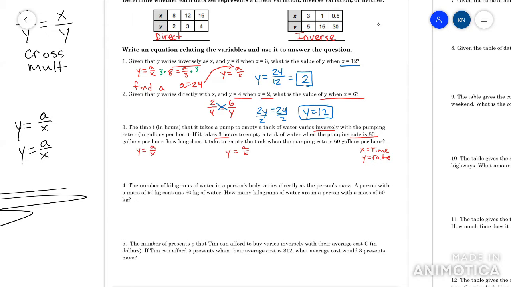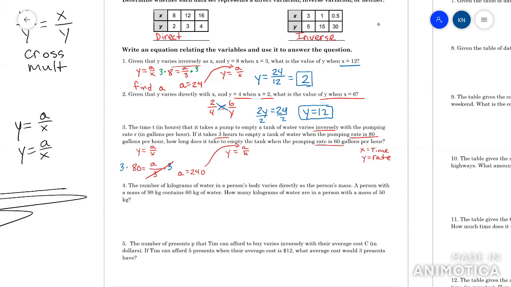So here we go. It takes 3 hours, so that's an x, to empty a tank of water when the pumping rate is 80. So that's my y. We have to solve for a, so times by 3. I know a is 240. And as soon as I know that, I plug it into the second equation, along with the other piece of information I know.